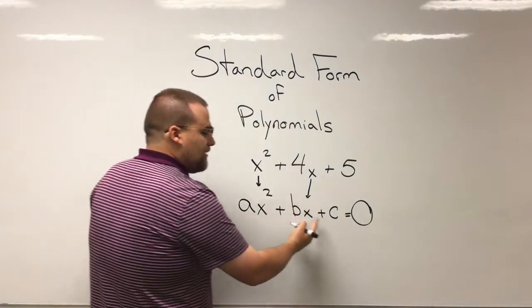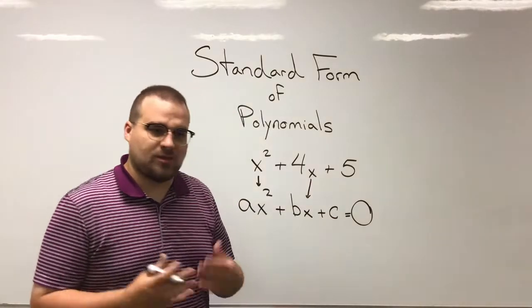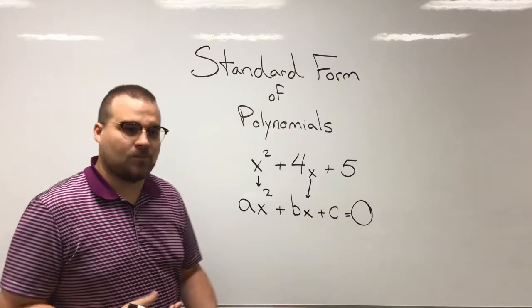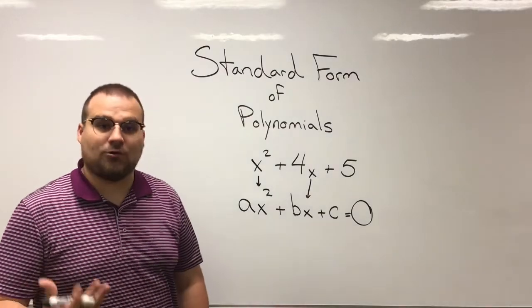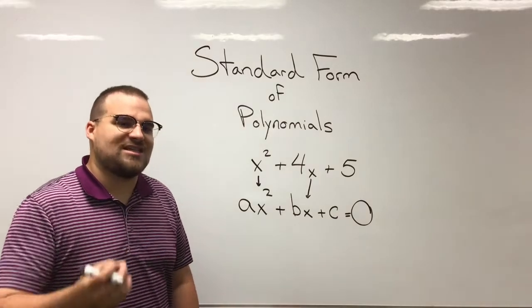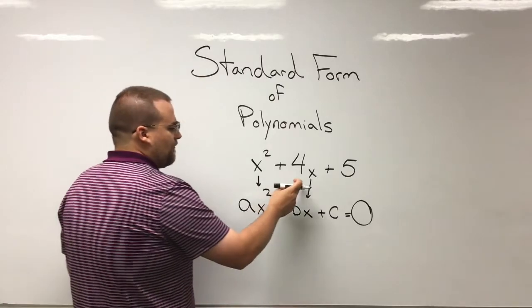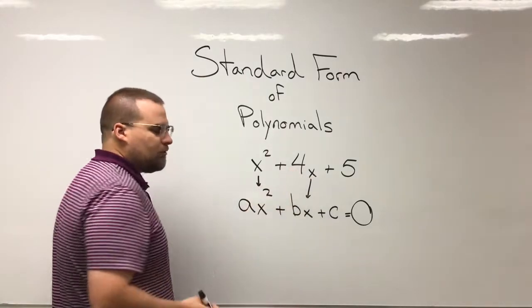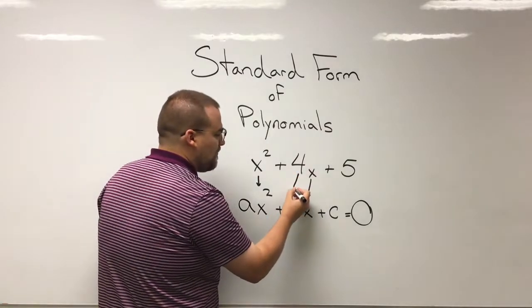You'll notice there are letters in front of the x terms, or there's a letter in place of the number that doesn't have an x with it at all. These are the coefficients, at least the a and the b are coefficients. They are the whole numbers that you see in front of the variable. So you'll notice how in front of the x here is a 4. We would consider 4 to be our b value.